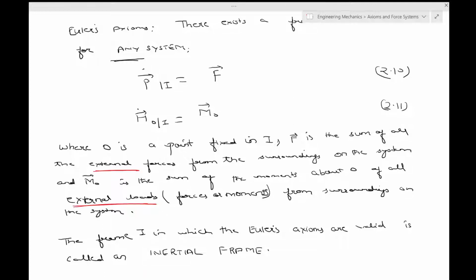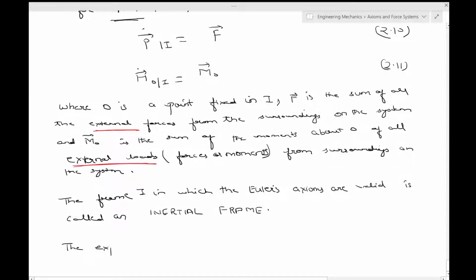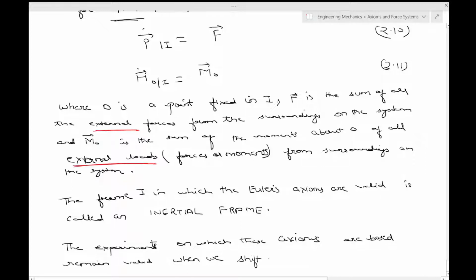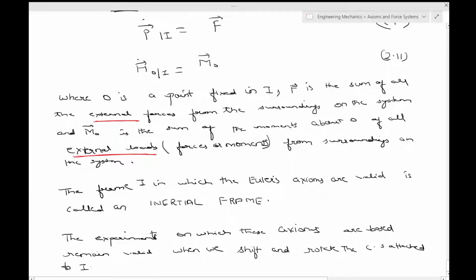Okay, so the experiments on which these axioms are based remain valid when we shift and rotate the coordinate system attached to I. Any experiment which was done to measure the rate of change of momentum, and that was found to be equal to the sum of external forces, was valid even when you were shifting the origin or reorienting the coordinate axis attached to this I frame.